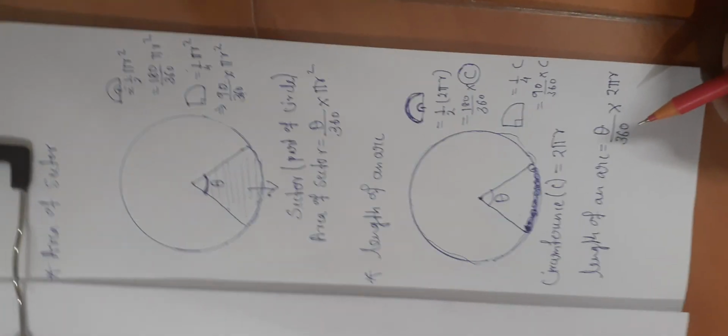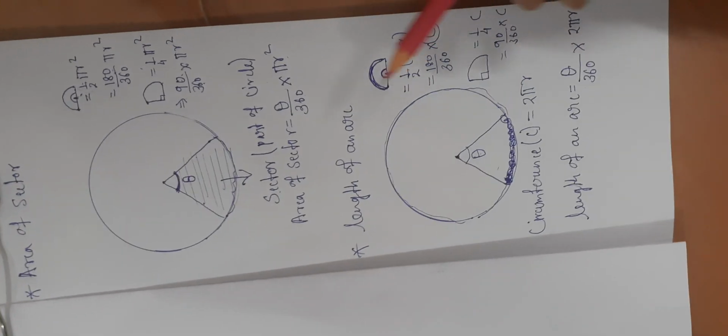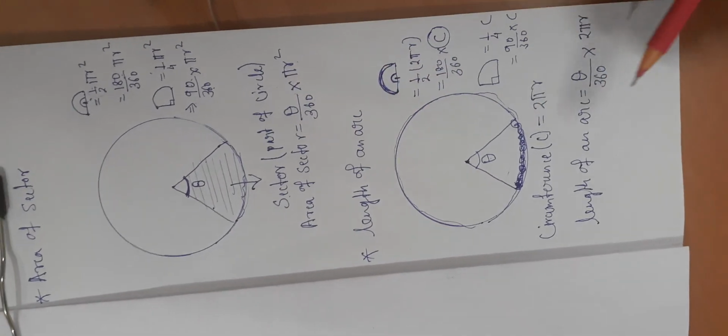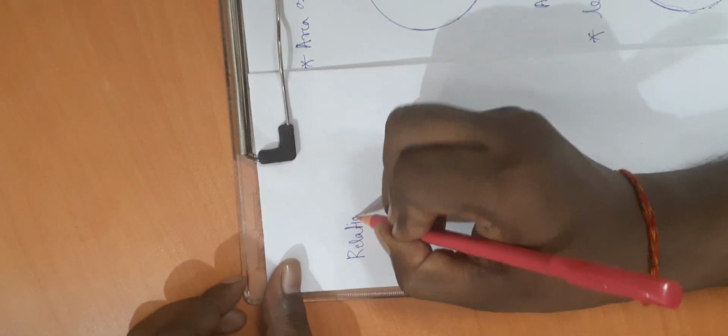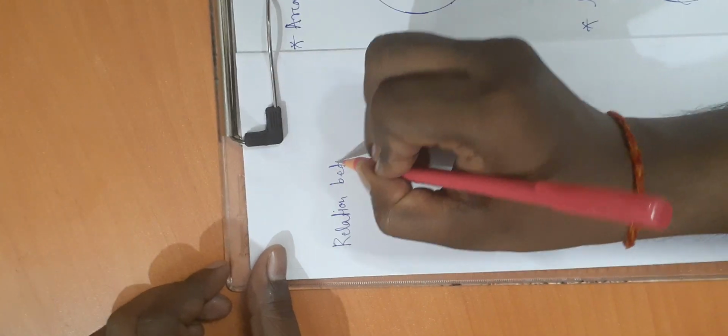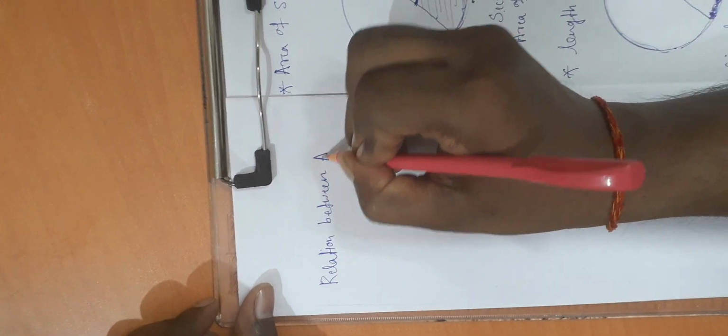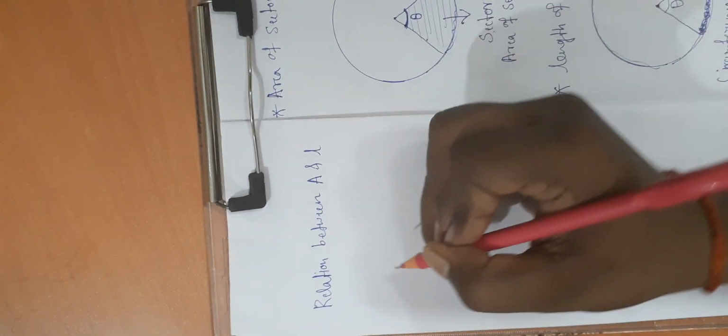Now I'll give the final relation between area of sector and length of an arc. What do we know?